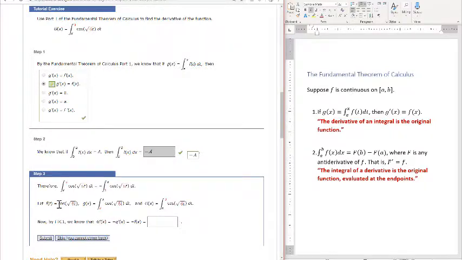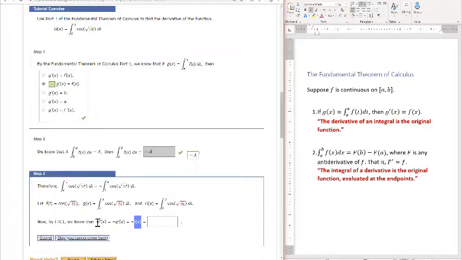And so if we let f of t equal to the function inside of the integral, the integrand, then this is going to give us our f function, and the derivative of little g is little f.